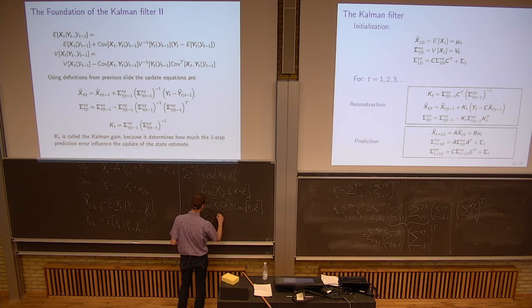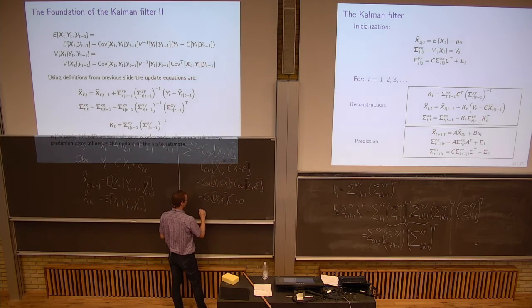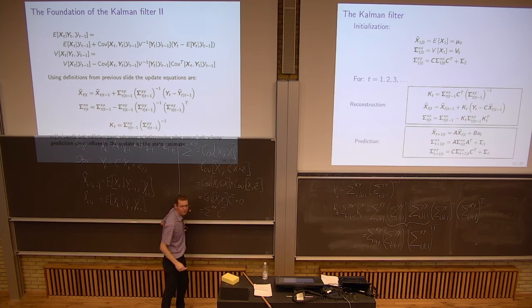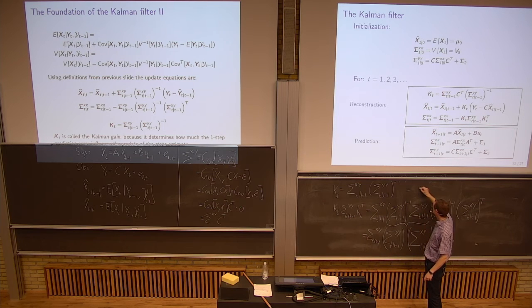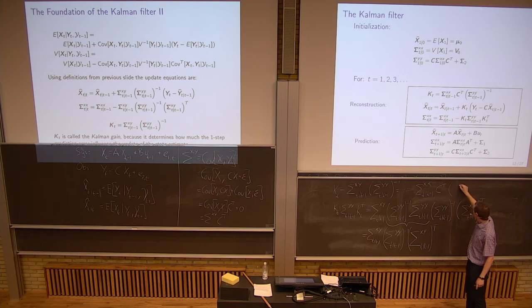So this is the covariance of x comma x, c transpose plus a 0, which is equal to sigma xx c transpose, which was just what we needed to go over here and write sigma xx, dot dot dot, t given t minus 1, c transpose, and then the inverse of sigma yy, t given t minus 1 inverse.